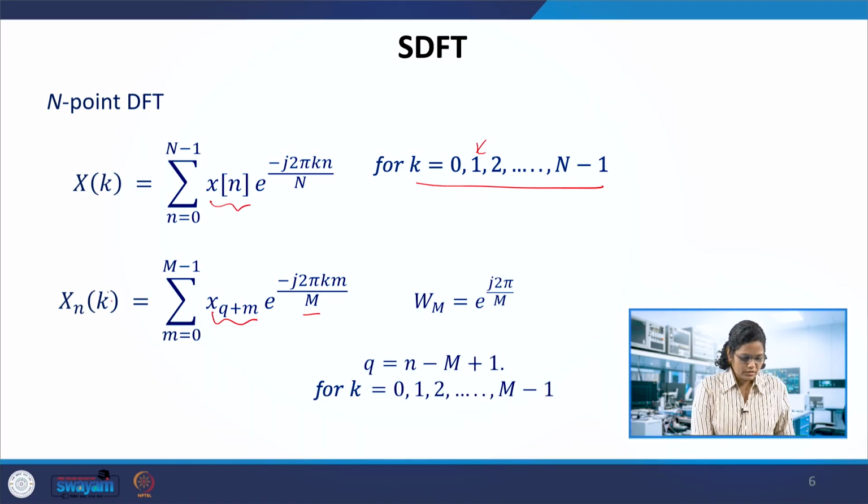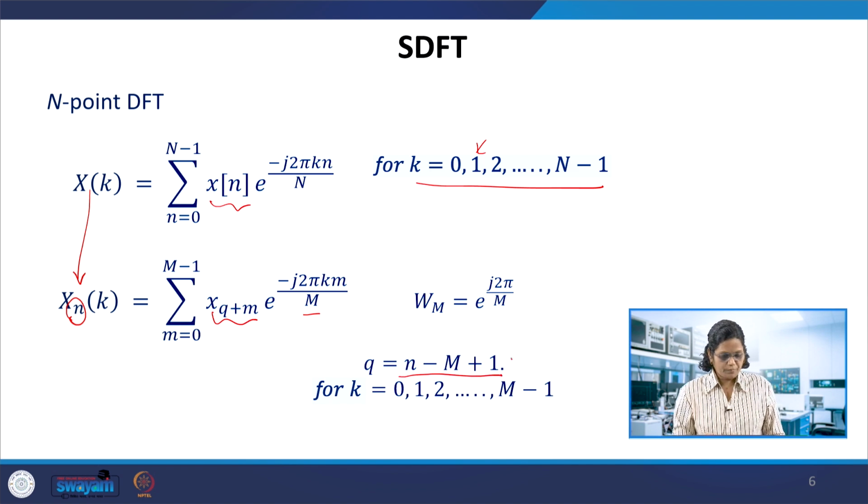You can notice that in the DFT and the SDFT, we have the instant specified here. The k carries the same meaning as the bin index. So q equals n minus M plus 1. This n represents the instant at which you are computing the DFT, and M is the number of samples in the window.